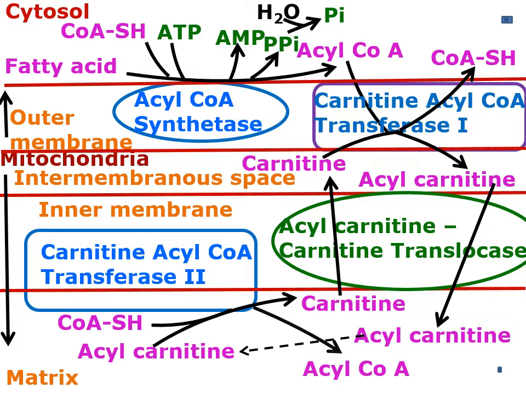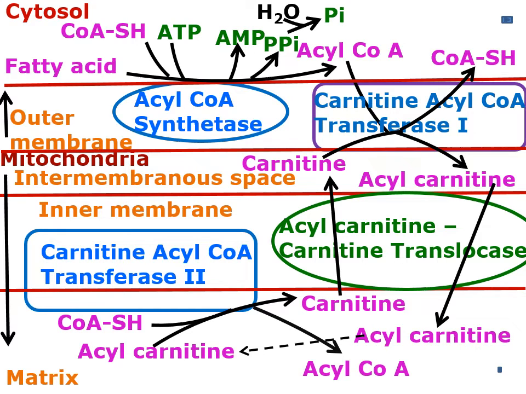Once again we will memorize what we have studied. The first step in beta oxidation is activation of fatty acid. Where does it take place? It takes place in the cytosol, in the presence of which enzyme? Acyl-CoA synthetase. Where is this acyl-CoA synthetase present? In the outer membrane of the mitochondria.